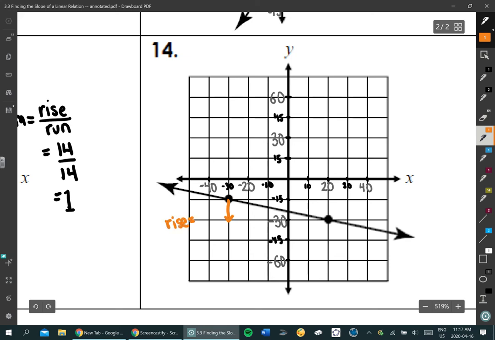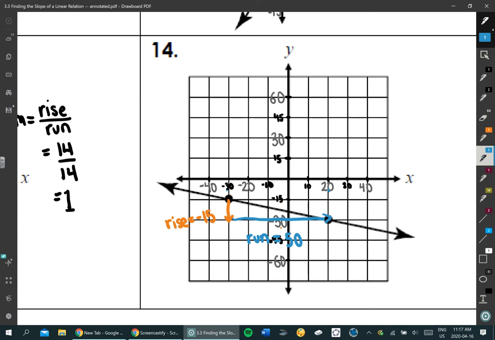Rise equals, so we go from -15, sorry, all the way to -30. So that's a rise of -15. My run, I go from -30 to +20. So my run is equal to 50.